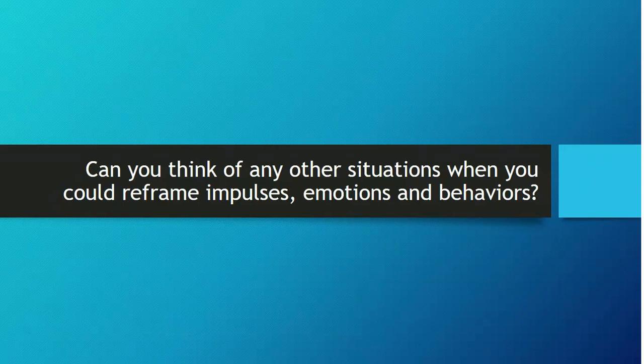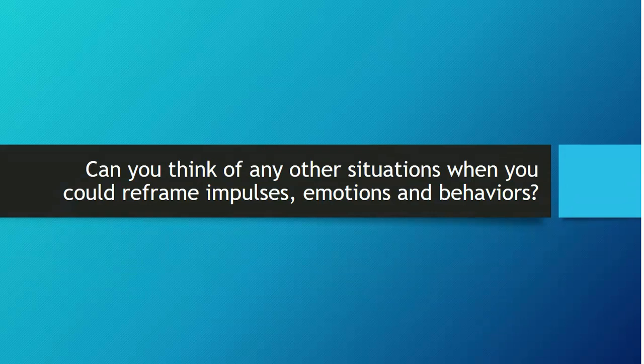And now I'd like you to think of any other situations when you could reframe impulses, emotions, and behaviors, your own or your child's, and think how would that change your emotions, how would that change your thinking, and how would that change your reaction.